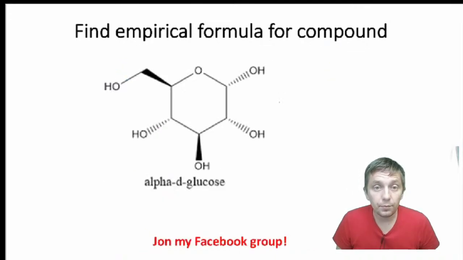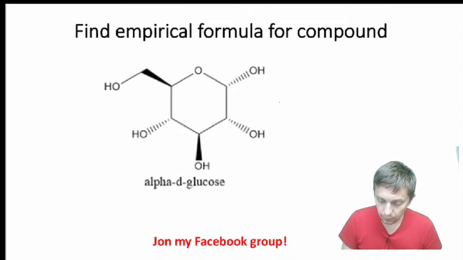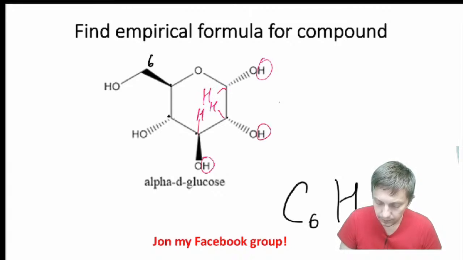Empirical formula of one form of glucose. Carbons: 1, 2, 3, 4, 5, 6. C6. Hydrogen: 1, 2, 3, 4, 5, 6, 7, 8, 9, 11, 12.